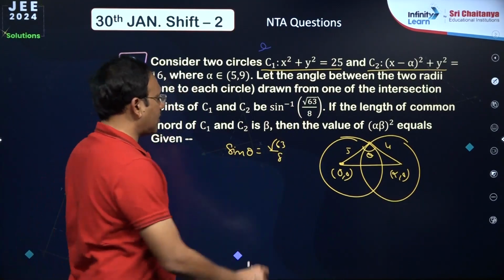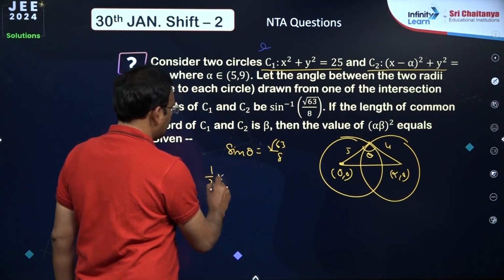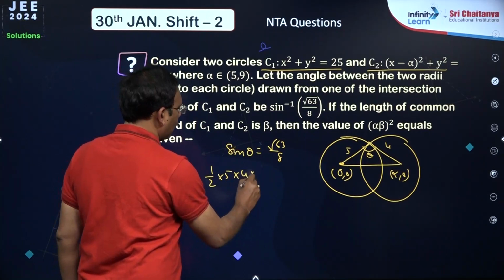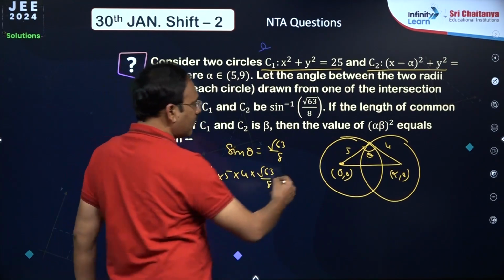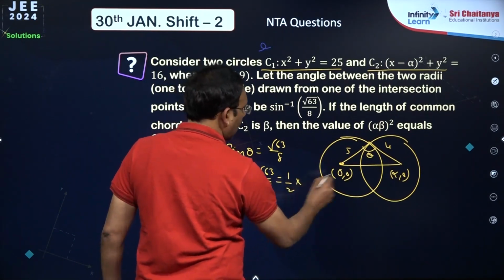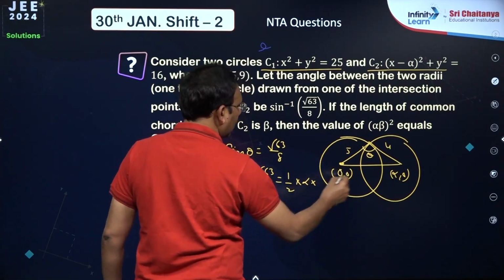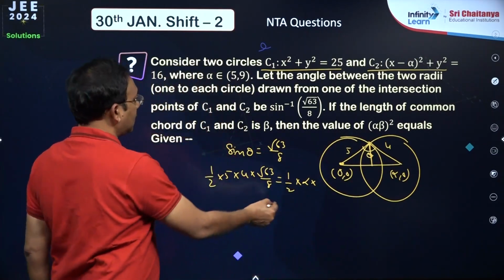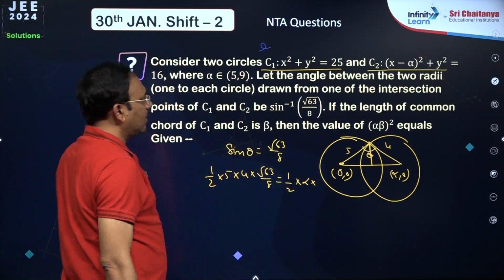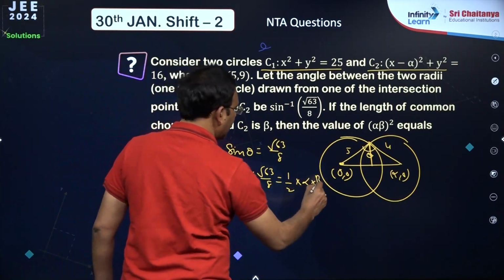The angle between them, theta, is indirectly given: sin theta is root 63 by 8. So the area of the triangle is half AB sin theta, half into 5 into 4 into sin theta. In another way, the area of the triangle is half into base into height, where the common chord is beta, so you can write beta by 2.